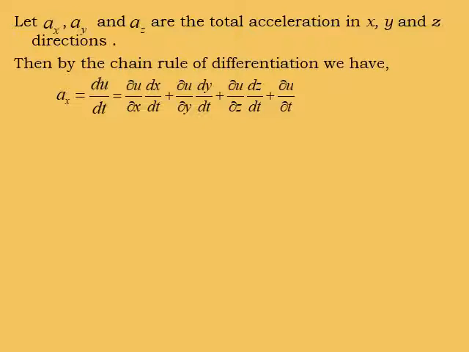dou u by dou y into dy by dt plus dou u by dou z into dz by dt plus dou u by dou t. The last term, dou u by dou t, represents the local acceleration, given by the change of velocity with respect to time.